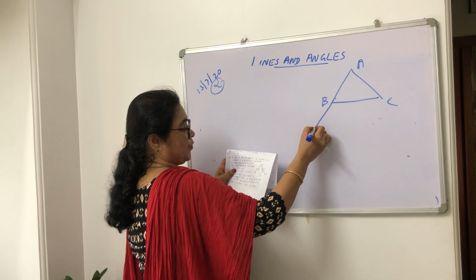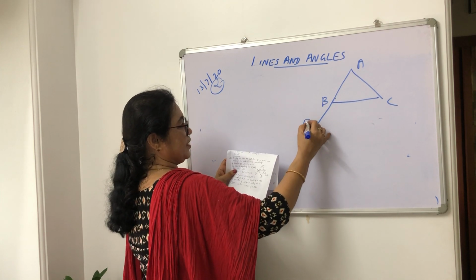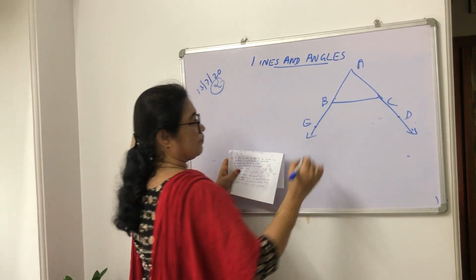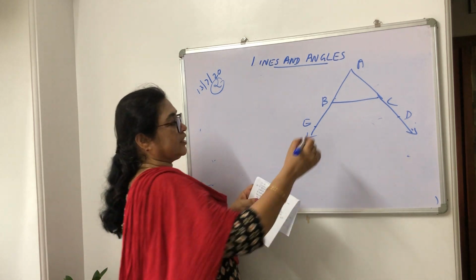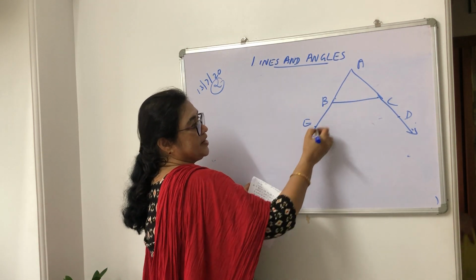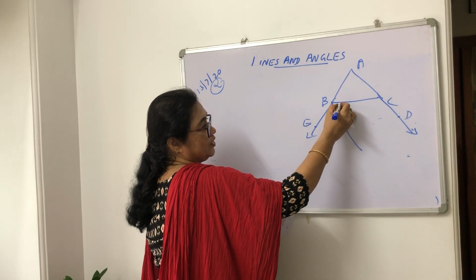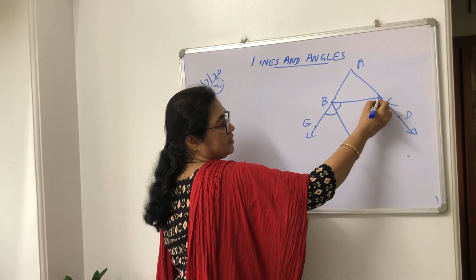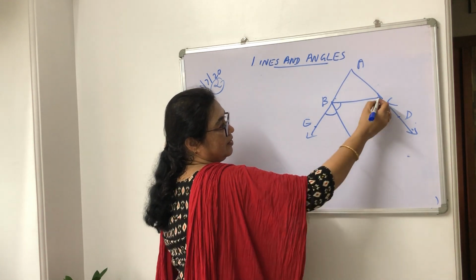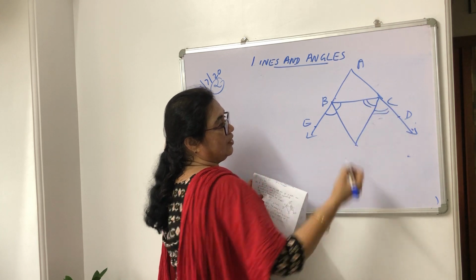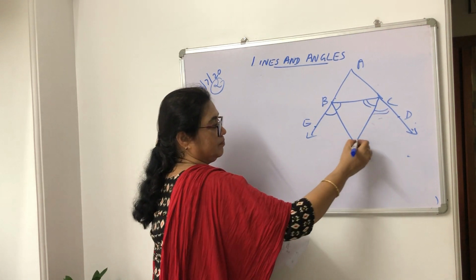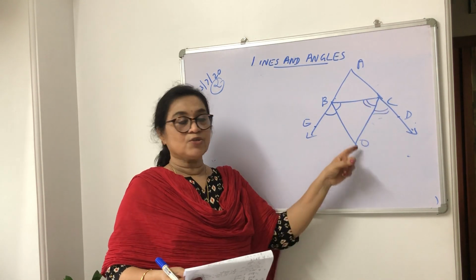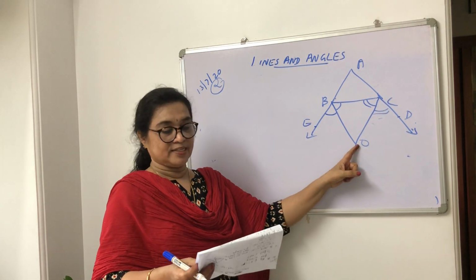Side AB is produced to E and side AC is produced to D. The bisector of this angle CBE, so these two angles are equal, and CO is the bisector of this angle BCD, so these two angles are equal. So BO the bisector of CBE and CO the bisector of BCD are both meeting at O.